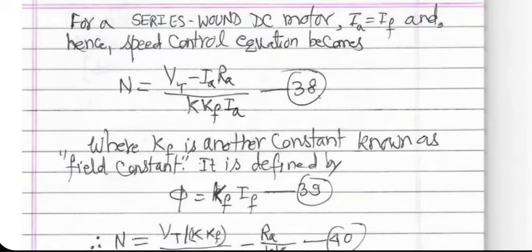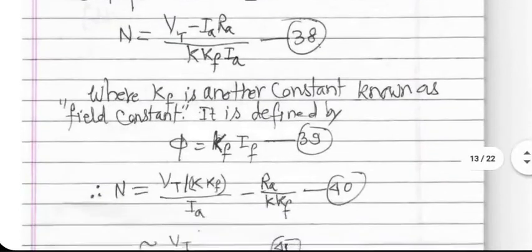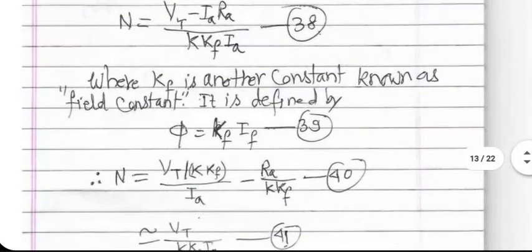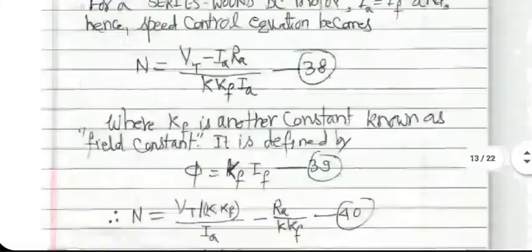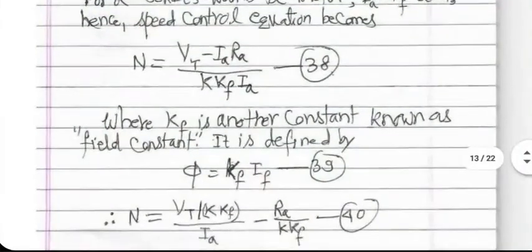In the denominator, there should have been phi, but I have replaced phi by kf times IF, where kf is a known constant and field current is the same as armature current. So you can further rewrite equation 38 as equation 40 for a series motor.